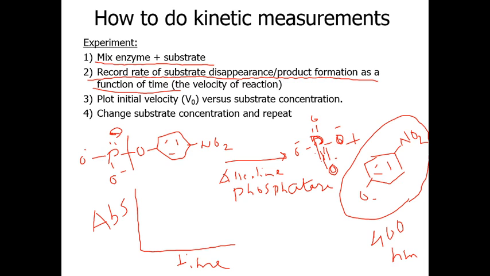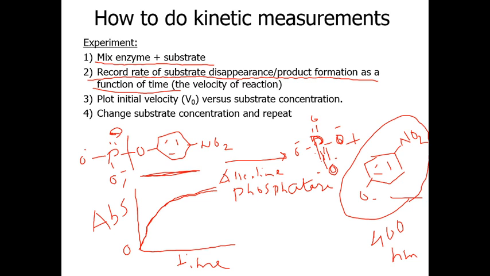And what happens as the enzyme converts nitrophenyl phosphate to just phosphate and nitrophenol, you can see that the reaction increases. You see, as you increase the time, the absorbance goes up, right? Goes from 0 to 1, for example.